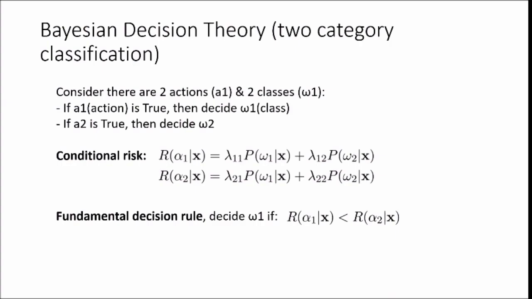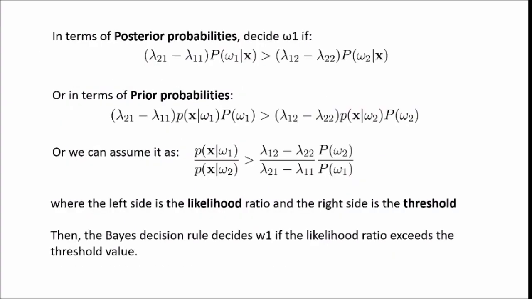Next, the fundamental decision rule: we decide class 1 if R(action 1 given x) is less than R(action 2 given x). In terms of posterior probability, we decide class 1 if lambda 21 minus lambda 11 times probability of class 1 given x is more than lambda 12 minus lambda 22 times probability of class 2 given x.